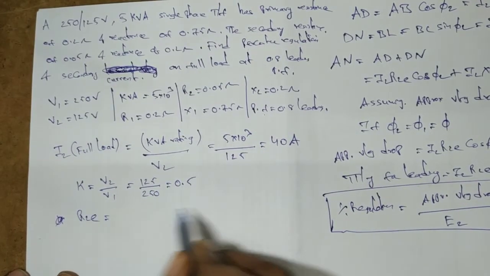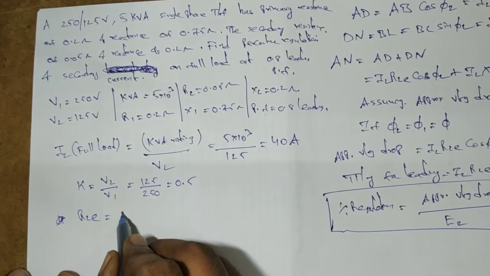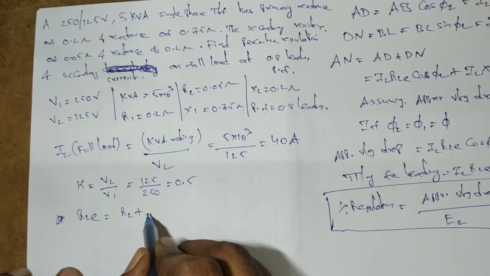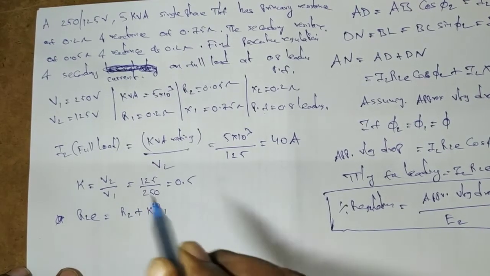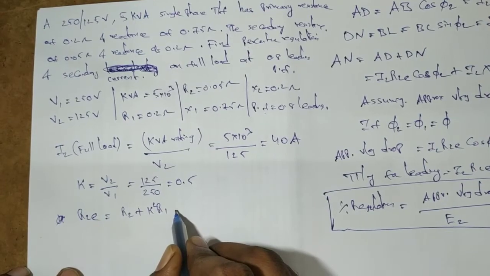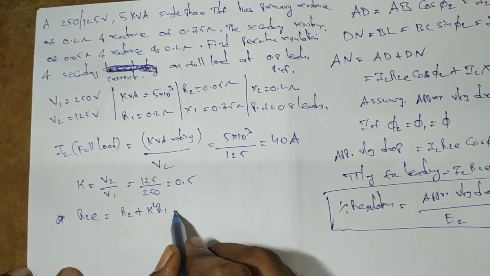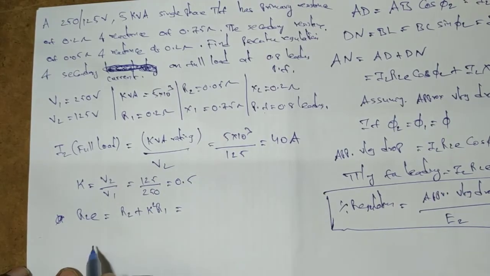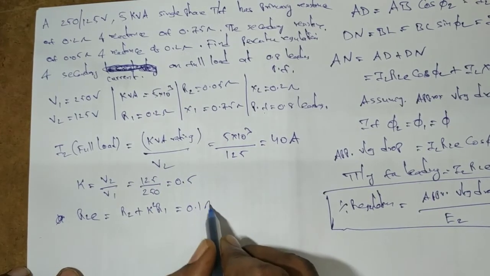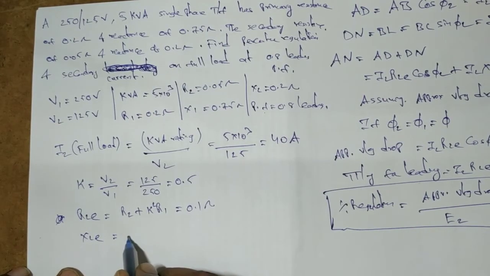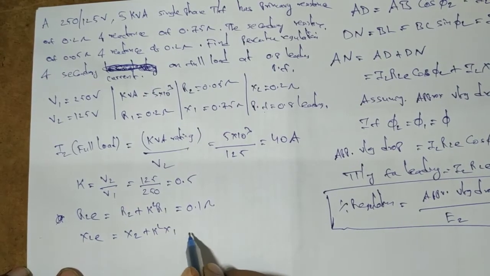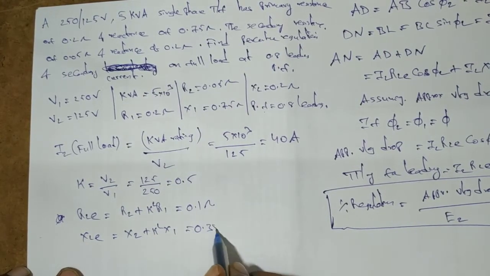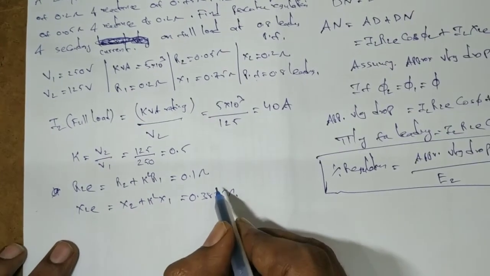Next, after K we have to find the R2E and X2E values. First, R2E is nothing but R2 plus K square into R1. We already know the values of K, R1 and R2, and if we substitute them, you will get around 0.1 ohm.